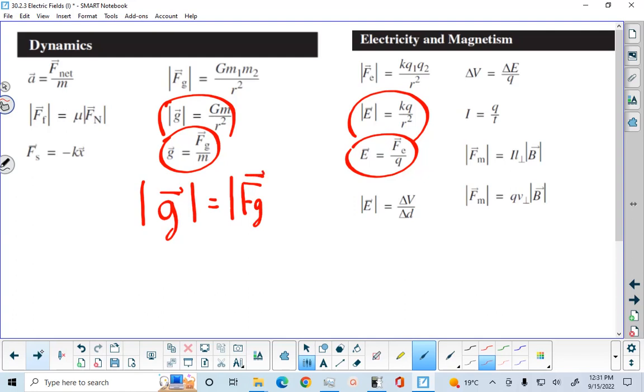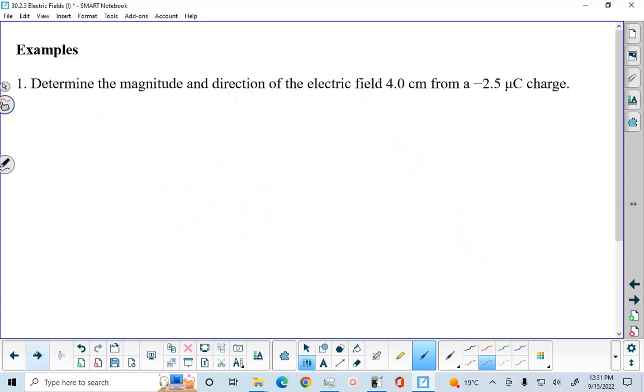I think it's important. And the same with this other formula. Electric field strength has a magnitude that's equal to the magnitude of the force over the charge. And when I'm back in the class with you at an opportune time, I will explain to you the significance of that. But for the meantime, just get in the habit of writing them. All right, we can get into some examples now.